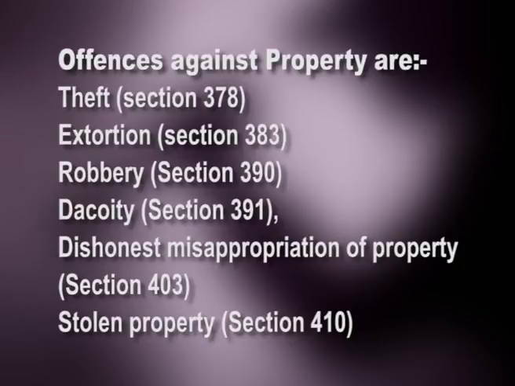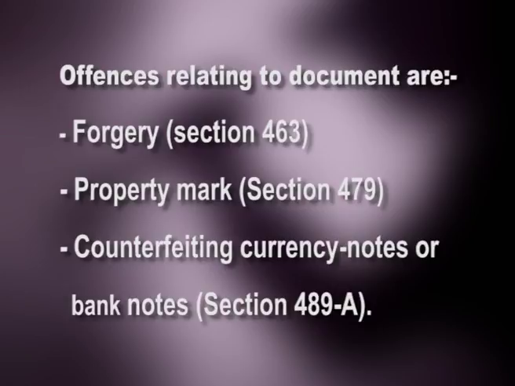and related sections. Next we come to offences related to documents, which are forgery under section 463 of IPC, property marks, that is section 479 of IPC, counterfeiting of currency notes or bank notes, that is section 489A of IPC.